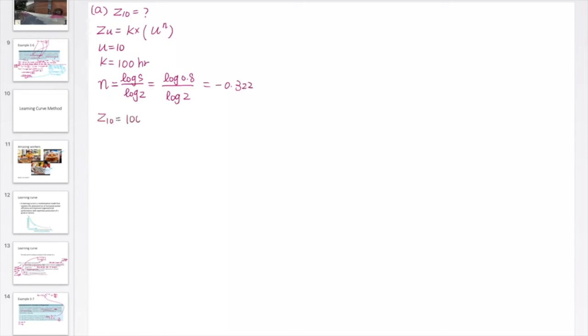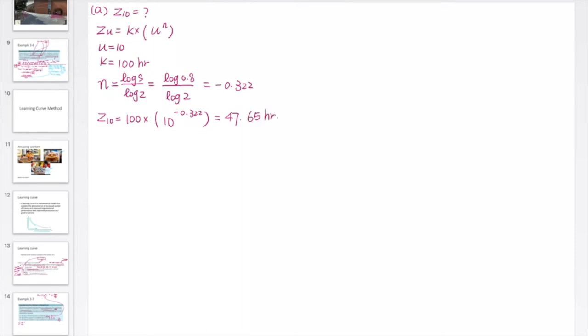Z10 is K, 100, times u, which is 10, to the power of negative 0.322. This is 47.65 hours.